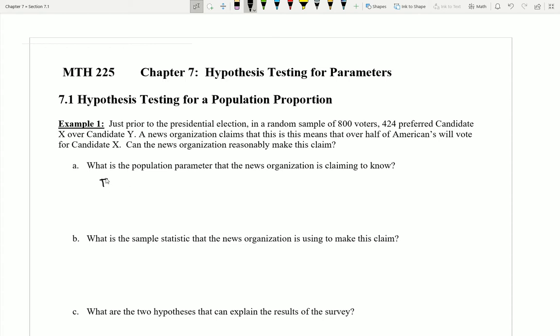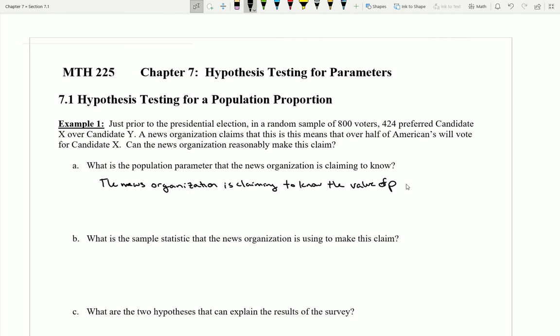And so I'll go ahead and write here that the news organization is claiming to know the value of P. Okay, and by P, remember that we talked about this in the last section, where P stood for the population percentage.